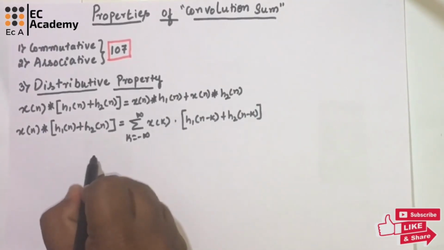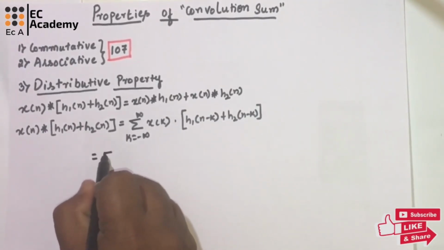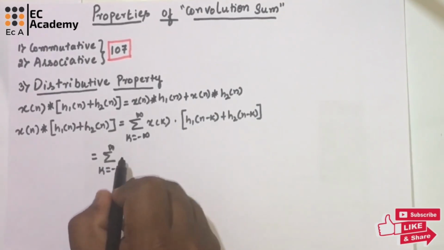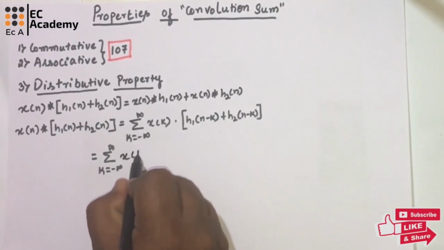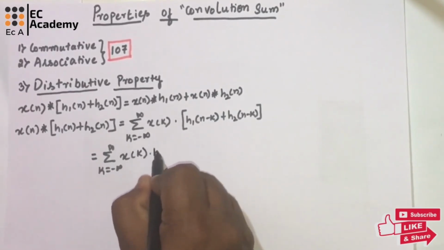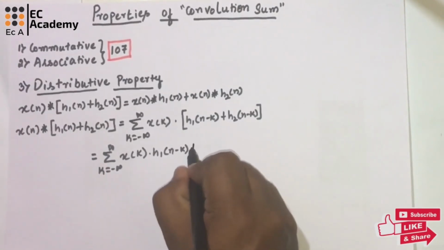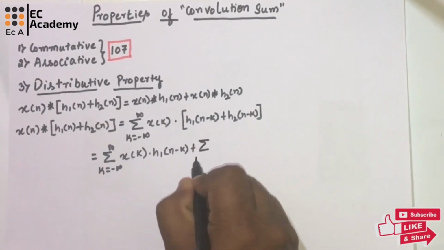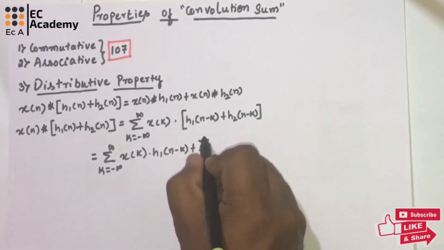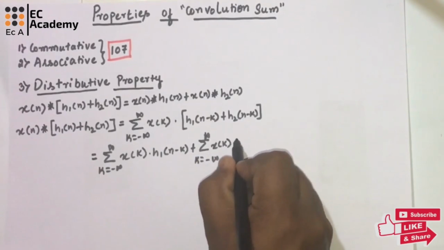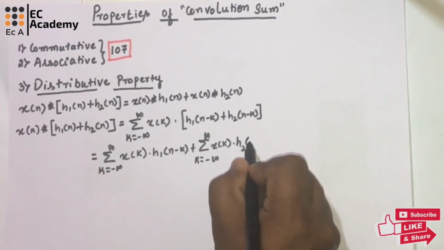Now this RHS can be written as summation of k is equal to minus infinity to infinity x of k into h1 of n minus k plus summation of k is equal to minus infinity to infinity x of k into h2 of n minus k.